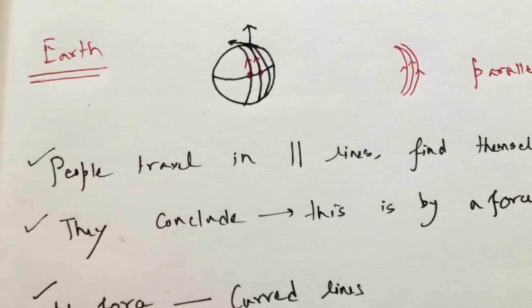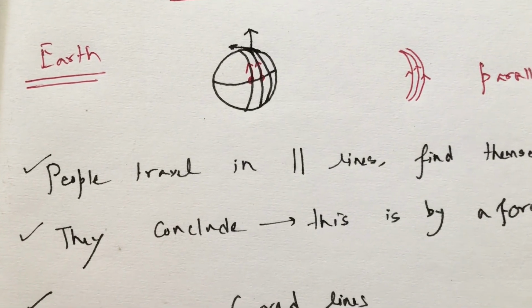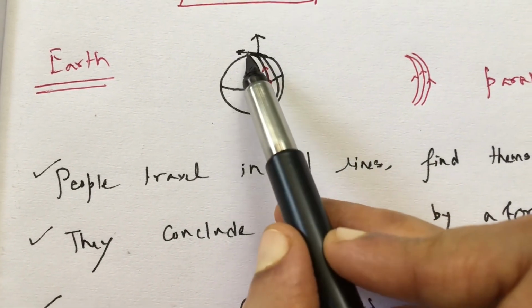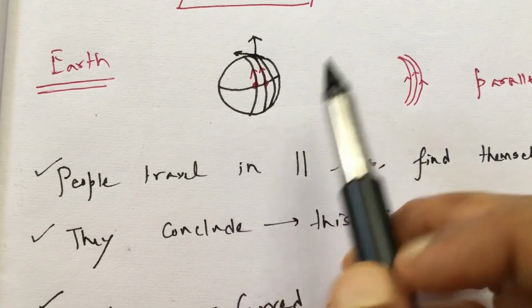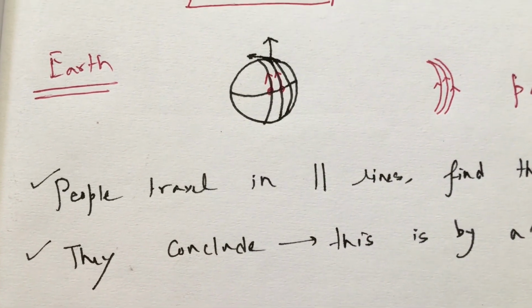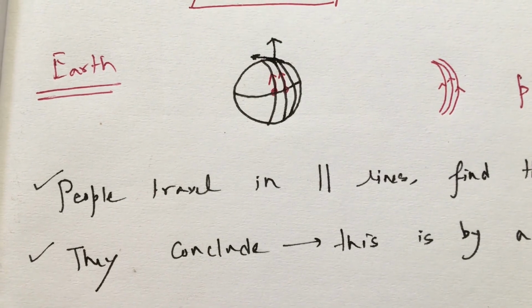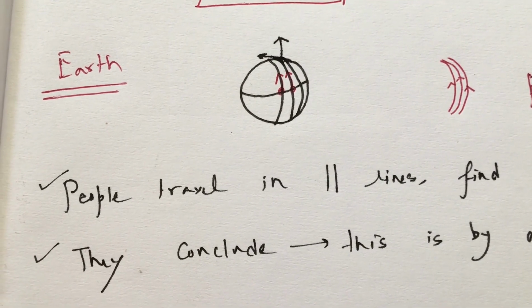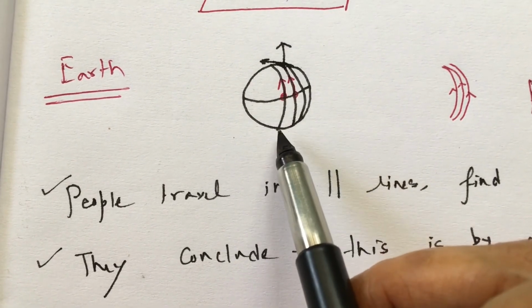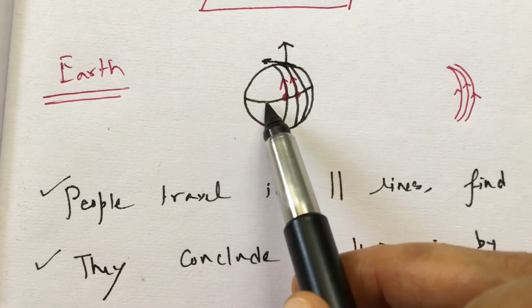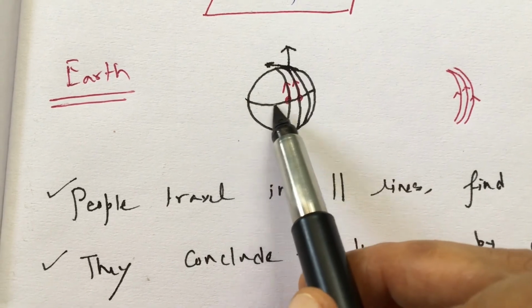Suppose, just let me give an example. We know that we have curved lines which denote the longitudes of Earth. These are stretched from the North Pole to the South Pole. We have another great circle, which is the equator.